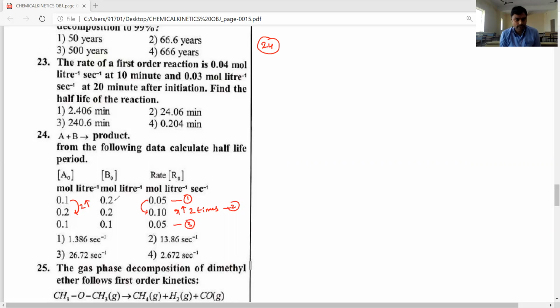In equation 3, the concentration of reactant B is decreased 2 times, but the rate is the same.